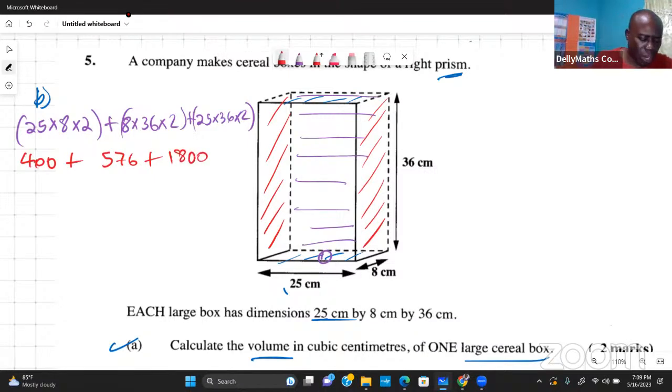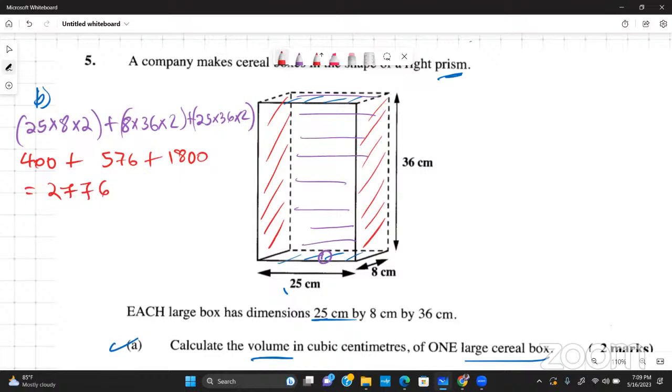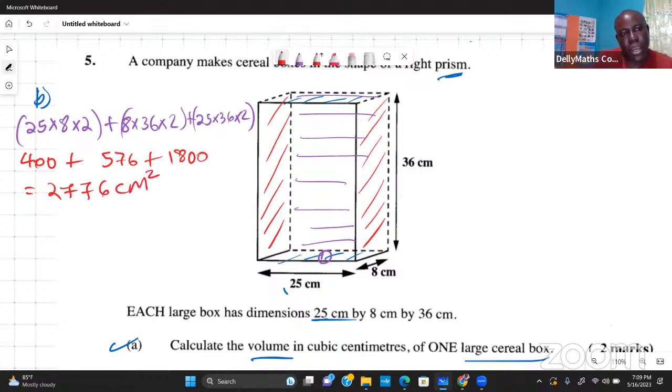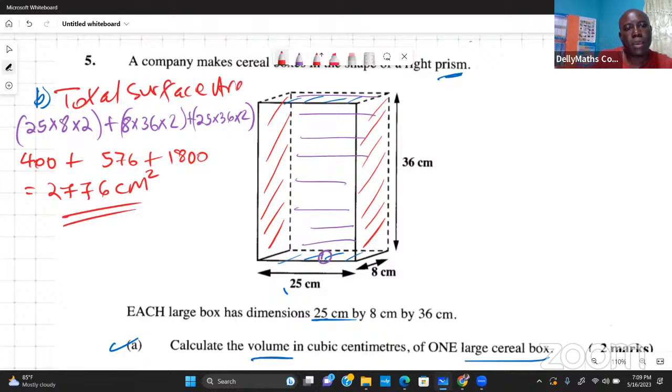And then let's add everything up. 1,800 plus 576 plus 400, and we're getting 2,776 cm square. Context of the question: total surface area. Make sure that we're using the appropriate units as we go.